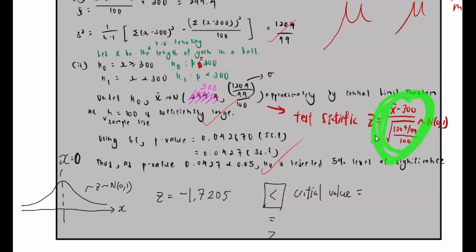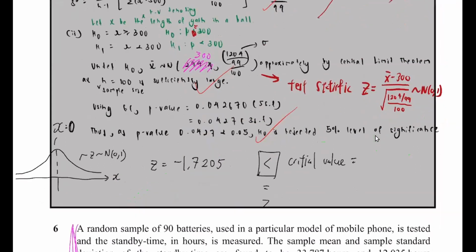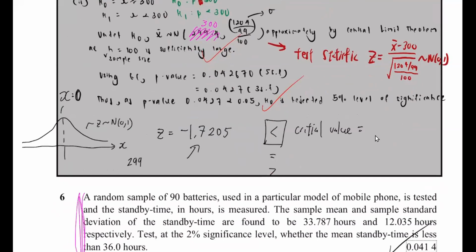All we need to do is substitute the X bar with 299.4. Everything else remains.